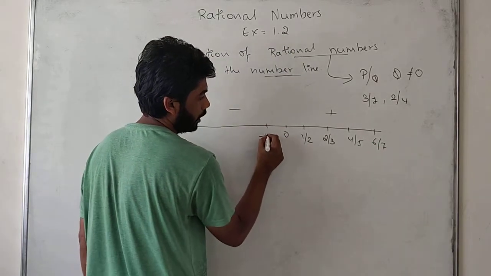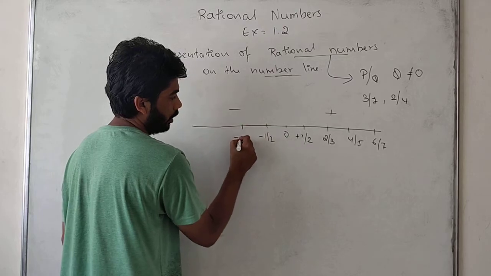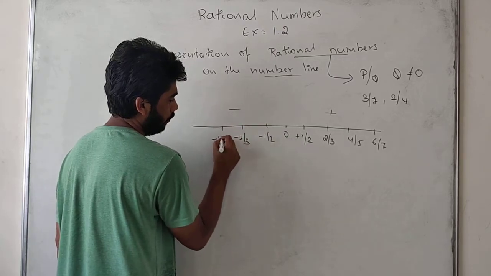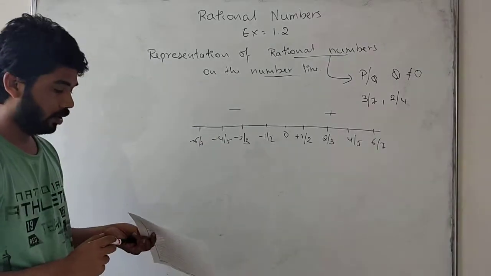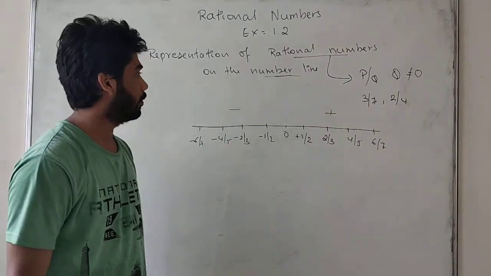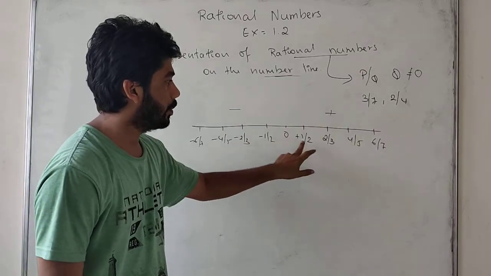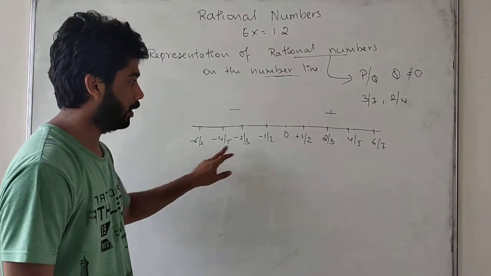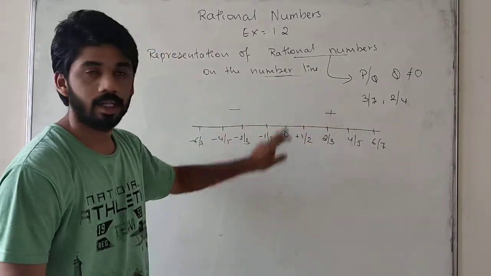Here also we represent them with a minus sign. Here all will be positive, here all will be negative. So students, on the number line we are representing positive and negative rational numbers. This is called a number line.